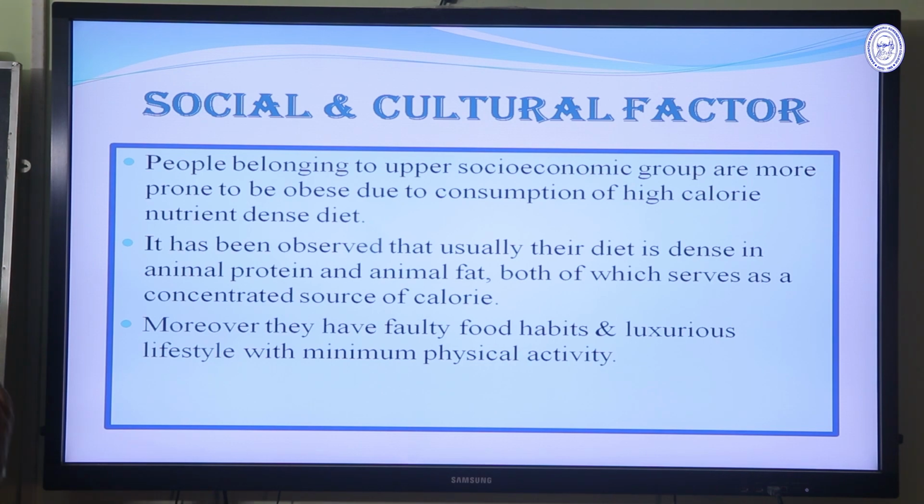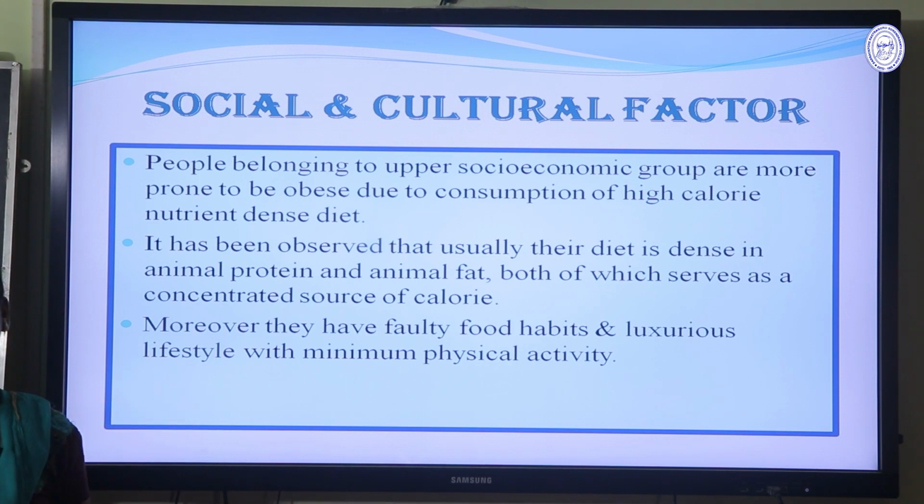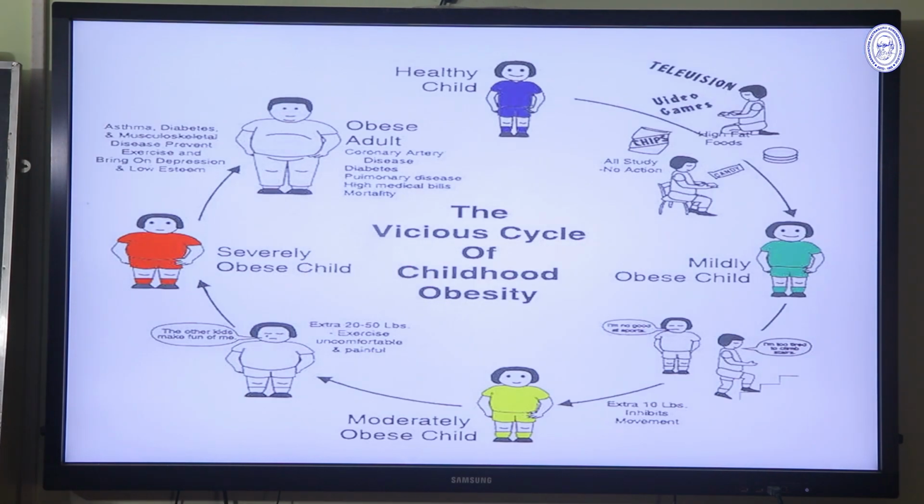Even it has been observed that usually their diet is dense in animal protein and animal fat, both of which serve as a concentrated source of energy, and as a result there is positive energy balance putting the person in obesity. Moreover, they have faulty food habits, a luxurious lifestyle with minimum physical activity. Physical inactivity, high calorie diet and luxurious lifestyle are leading them towards obesity.